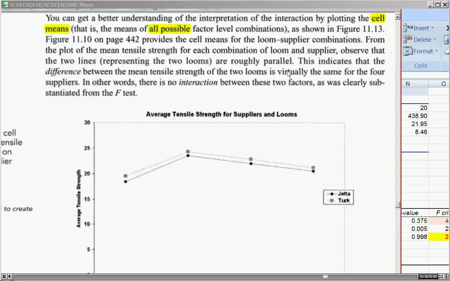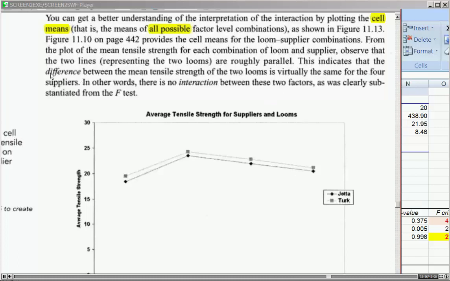From the plot of the mean tensile strength for each combination of loom and supplier, observe that the two lines representing the two looms, here's one line, here is the other line, are roughly parallel. They are pretty much parallel.